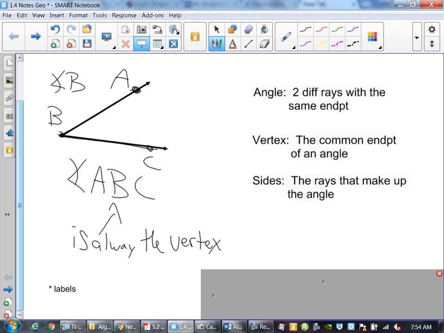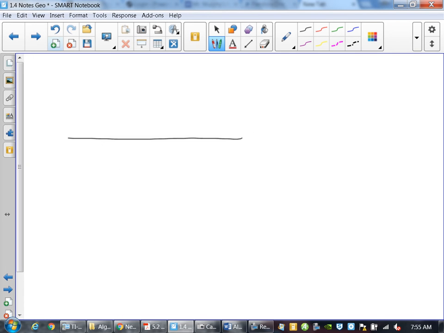Whereas in time, we'll have stuff that looks like this. I can't call it angle B here because here's an angle B, here's an angle B, here's an angle B. There's at least 6 of those here. Yes, sir?